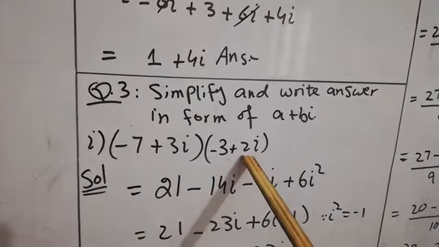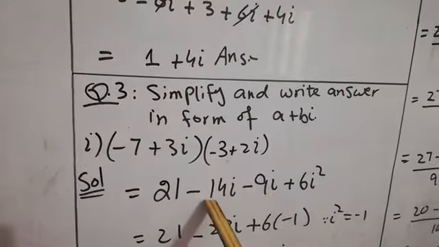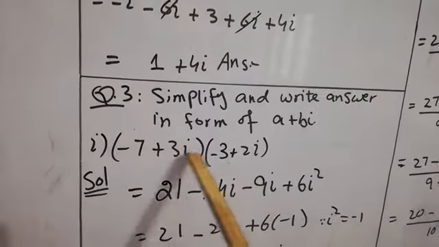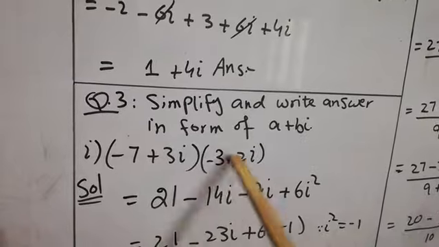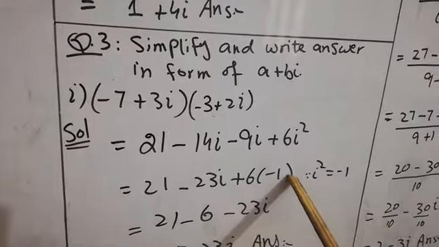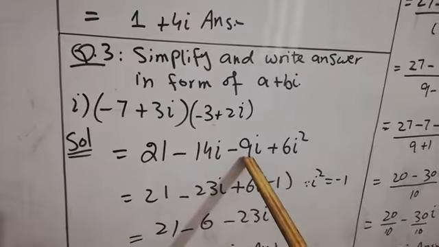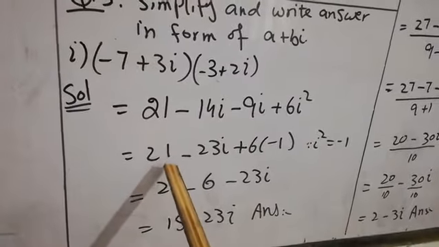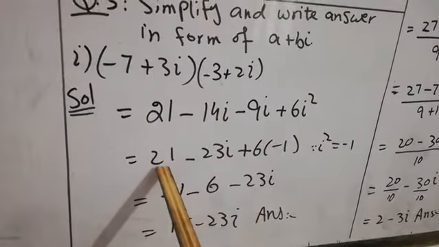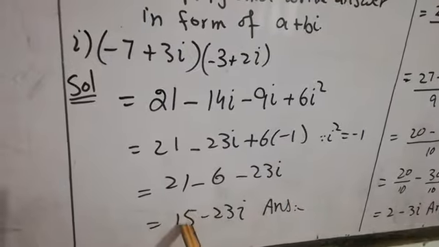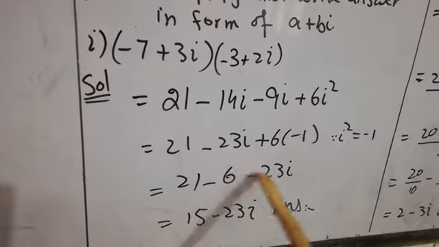Minus 7 multiply 2 iota, minus 14 iota. 3 iota times minus 3 is minus 9 iota. 3 iota times 2 iota is 6 iota square. And you know that the value of iota square is minus 1, so we will put minus 1 here. Minus 14 and minus 9 is minus 23 iota, and 21 as it is. Now we will write the real values: 21 minus 6, and minus 23 iota. It will become 15 minus 23 iota, and this is the form of a complex number.